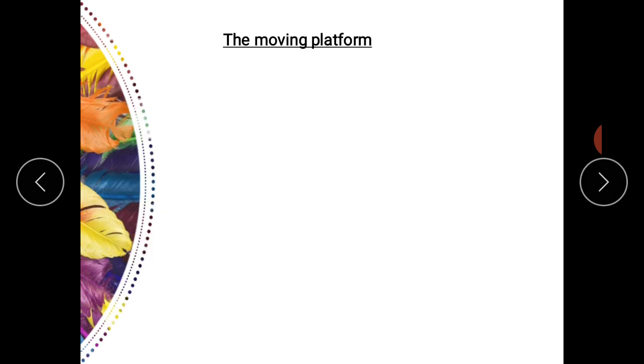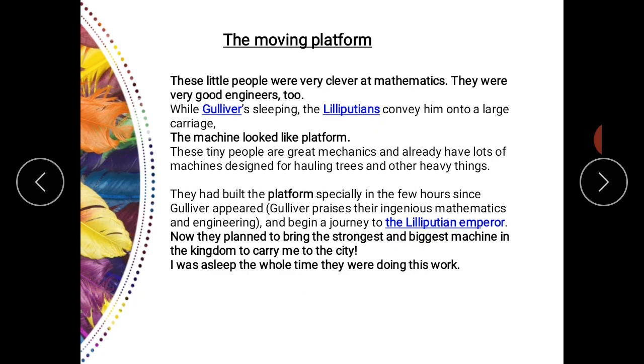Next topic is the moving platform. These little people were very clever at mathematics. Gulliver has found out about them that they were very good engineers too. While Gulliver is sleeping, the Lilliputians convey him onto a large carriage.